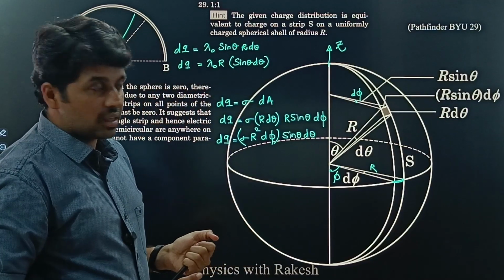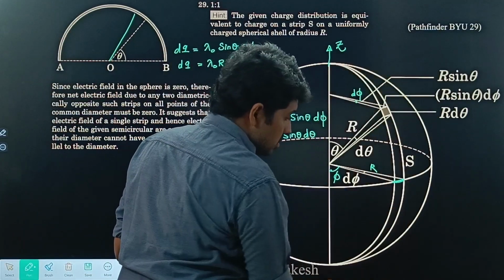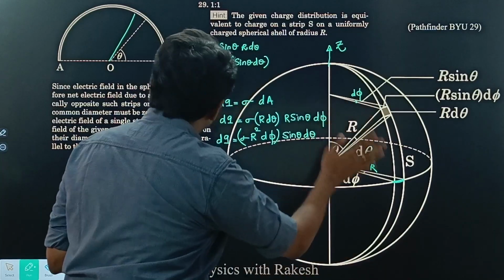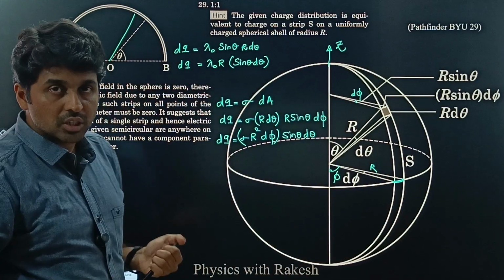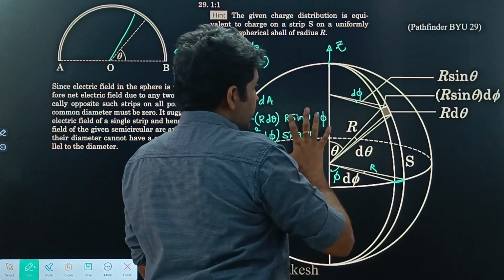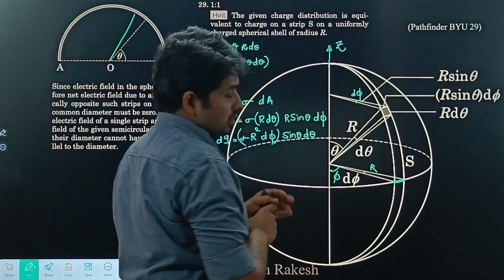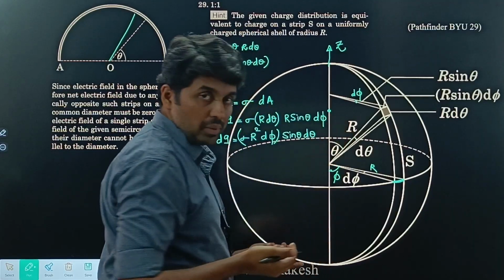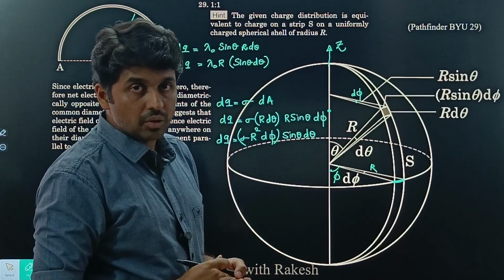So basically he's saying that the strip on a uniformly charged sphere is similar to what he's asking in the question. Okay, so we know that due to this whole sphere, if it is a hollow sphere, at this point here, what is the field, tell me? The net field is 0.